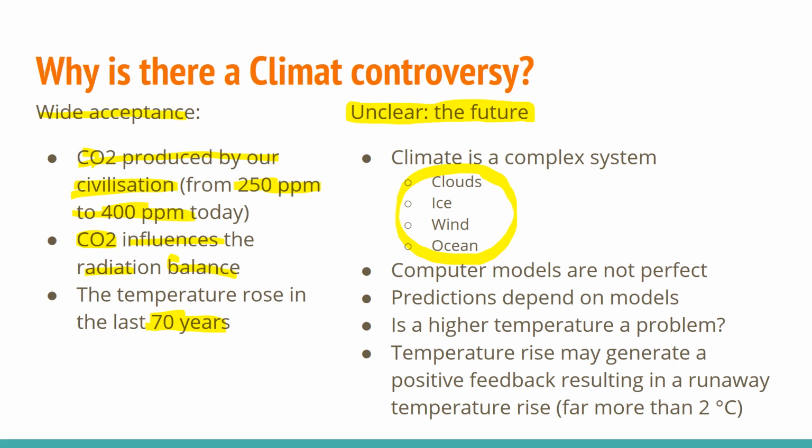Wind is difficult. If the temperature difference between north and south is less, and that makes sense, then the wind is going down. But if you have more temperature on the sea surface, you will have hurricanes. That is strong wind. So there are two different types of wind, and that makes things even more complex.